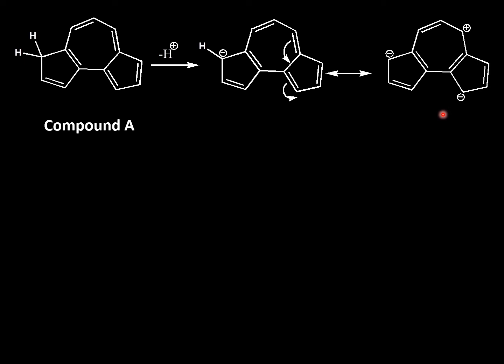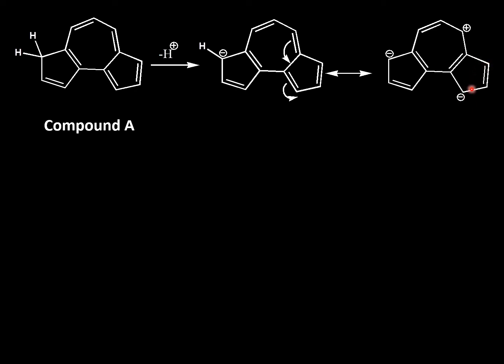Next job will be drawing a different dipolar resonance structure. You can delocalize the negative charge on each carbon of the 5-member ring, but in doing so, you have to retain the aromaticity of that ring. Keeping this in mind, you can delocalize this negative charge only on this carbon.